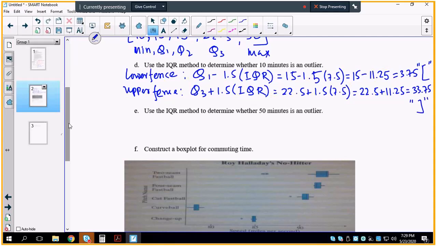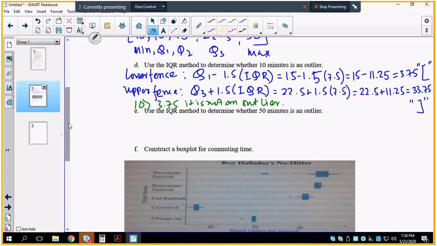Now the question is, is 10 minutes an outlier? It will be an outlier if 10 minutes is less than 3.75. Since 10 minutes is greater than the lower fence, it is not an outlier.